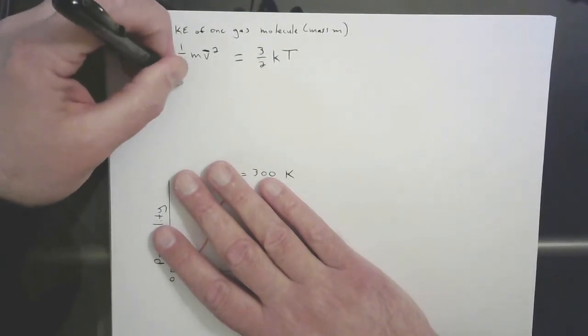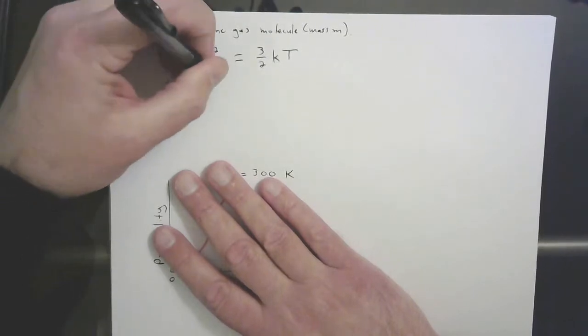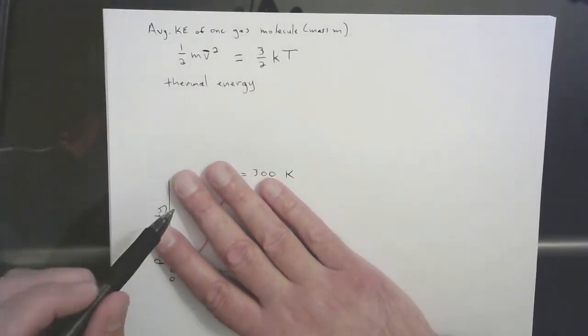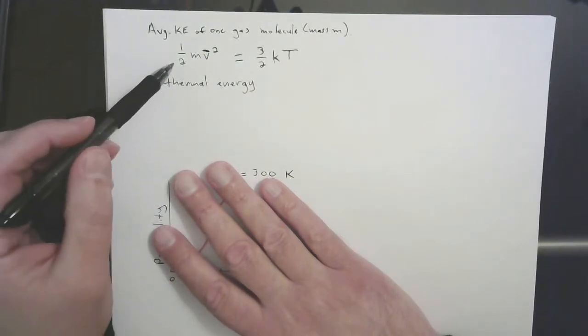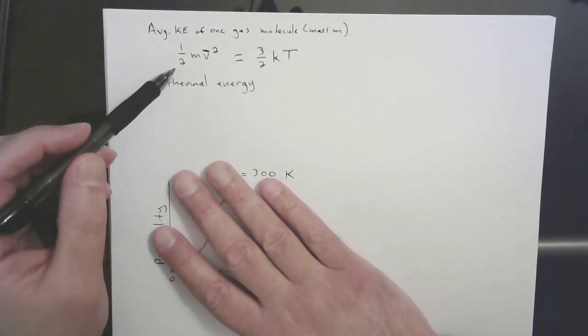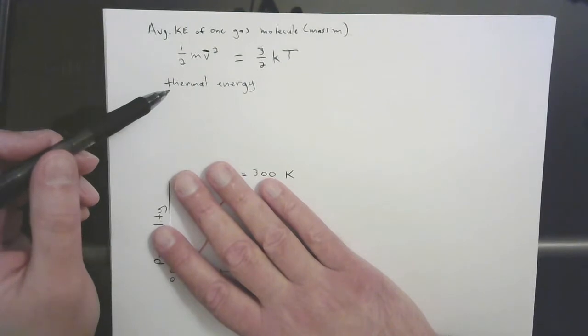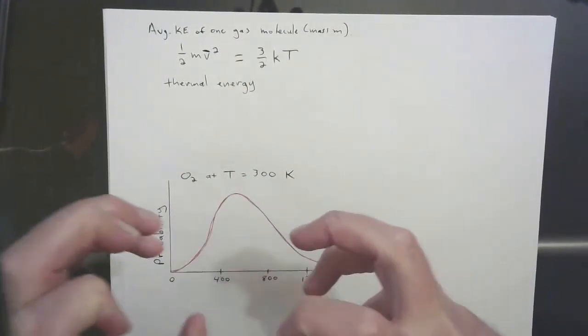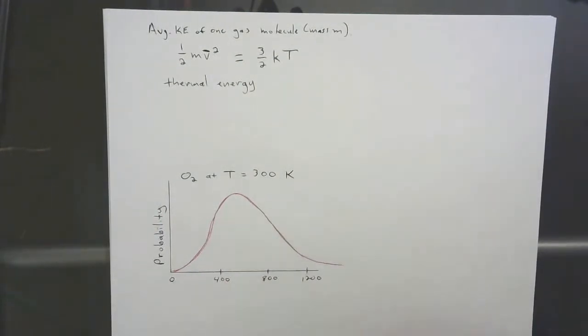We'll call it thermal energy. Thermal energy is the kinetic energy of internal molecular motions, and that's true in gases, liquids, and solids. As those little guys are jiggling around and doing their atomic dances, the energy contained in that dance is called thermal energy.